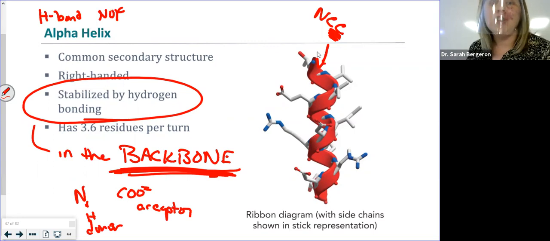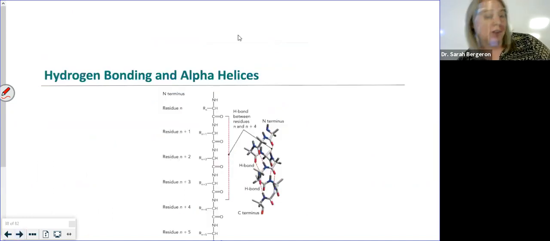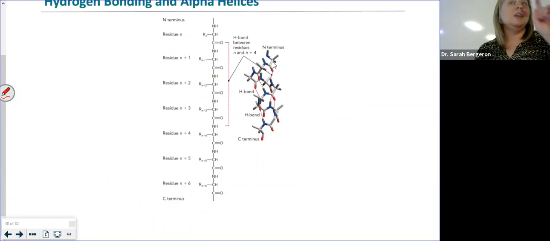So even though we're showing the side chains in this picture, that's not what holds an alpha helix together. What holds an alpha helix together is the actual residues on the backbone interacting. So let me show you sort of what that looks like. So here's the same sort of alpha helix, and all we're showing now are the atoms that are involved in the actual ribbon.